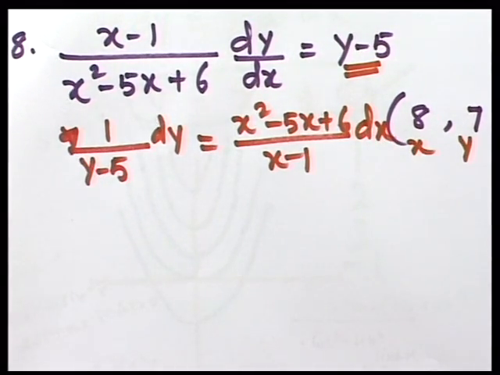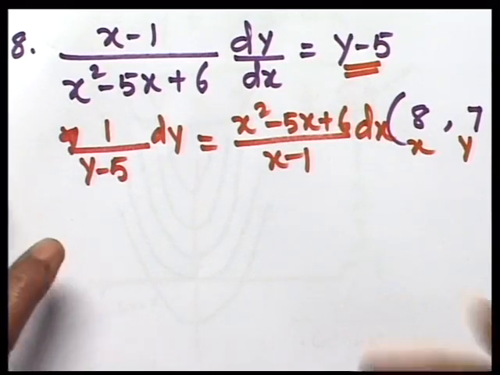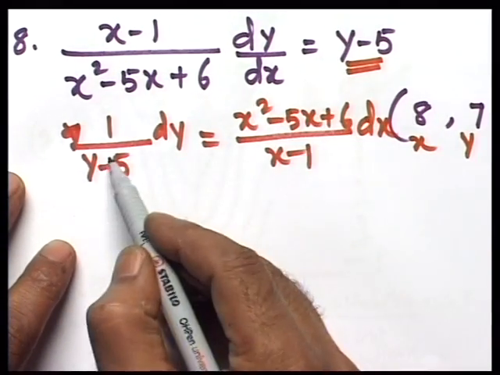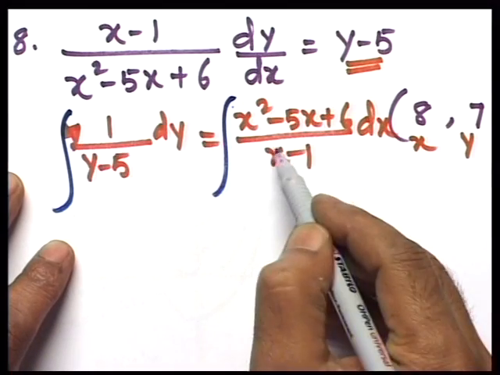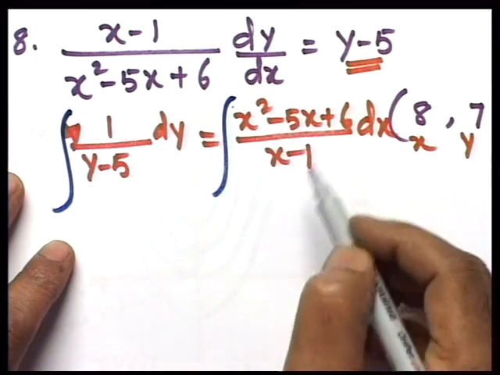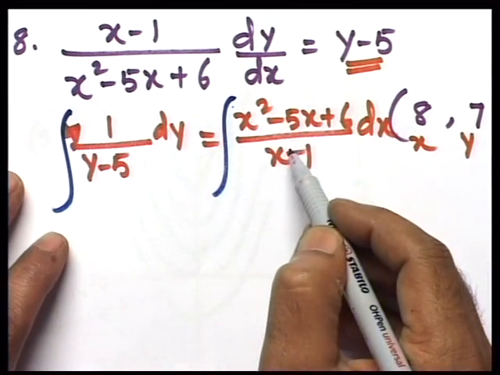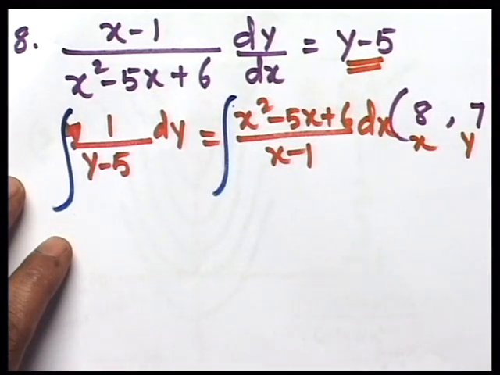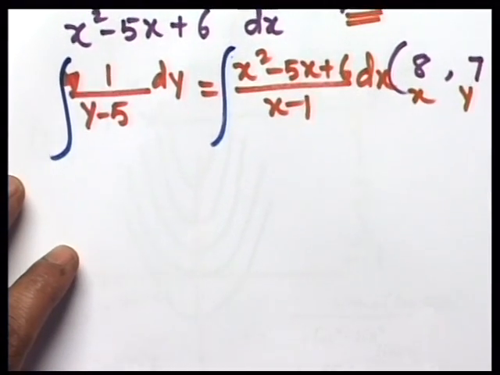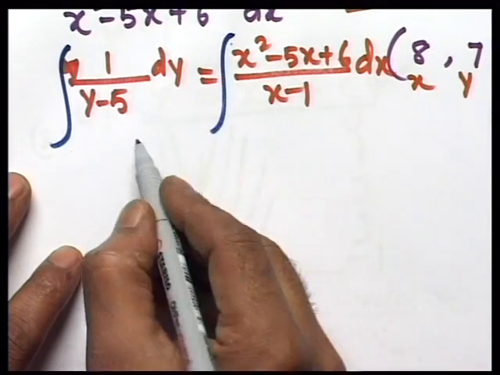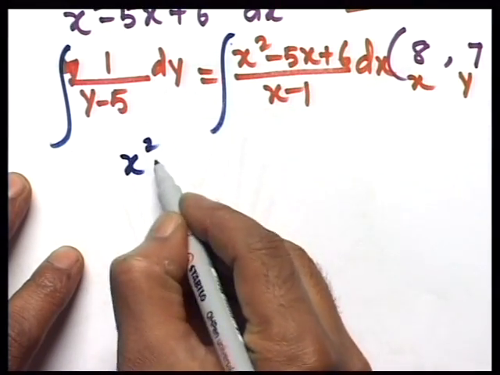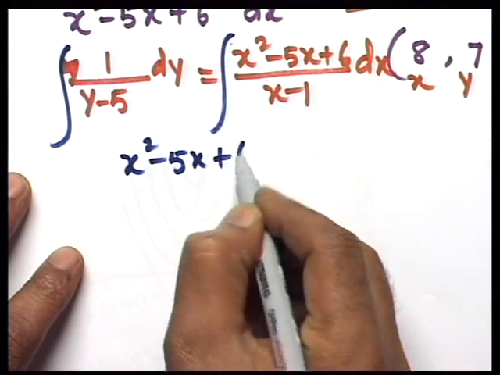What's our approach here? What should we do? This can be integrated, all right? To integrate this, we are in partial fractions, and that's an improper fraction. So let's quickly divide that by the denominator. So we have x squared minus 5x plus 6.